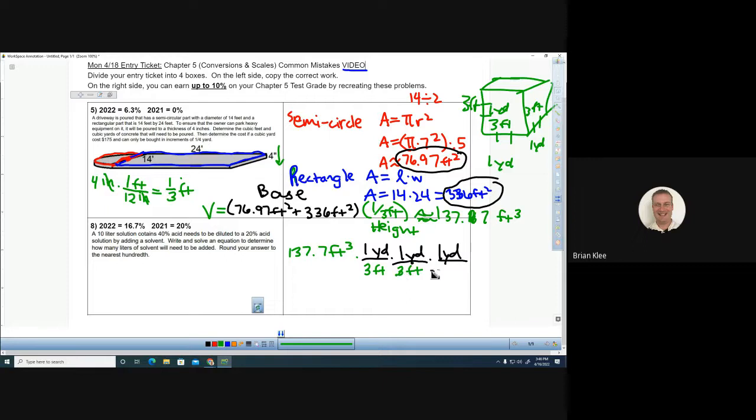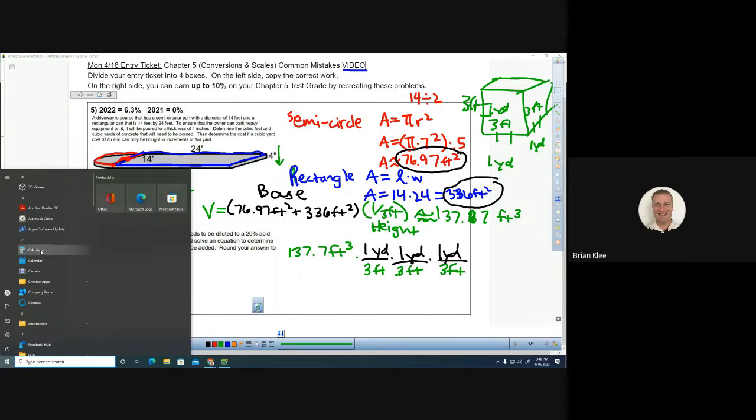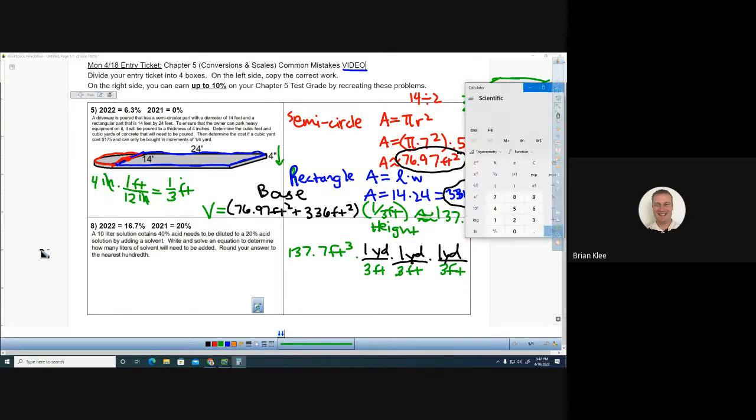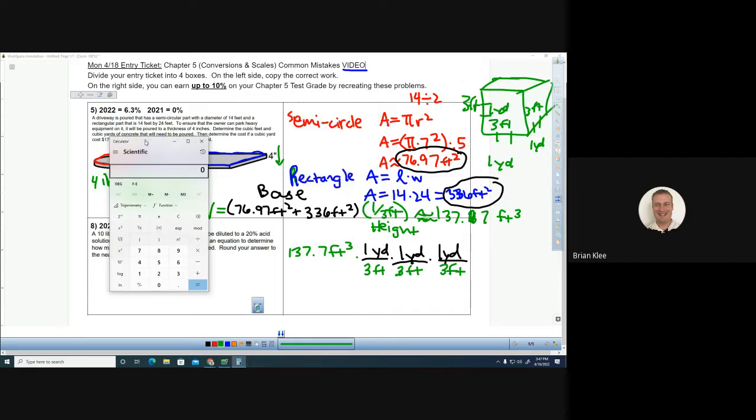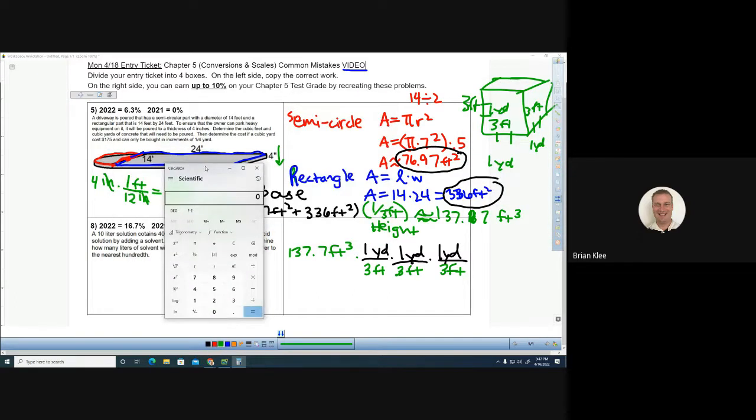Again, a couple different ways you can do that in a calculator. I'll pull up the calculator here so that way you can see where we're at ultimately. So the different ways to get there. I could go 137.7. That's the number that I got from above from adding up the volume of the semicircular portion and the rectangular portion.